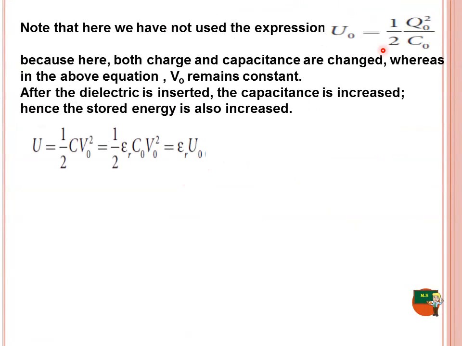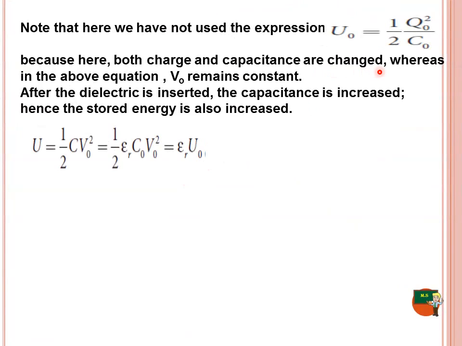We have not used this because here both the charge and the capacitance are changed. The charge has changed from Q naught to epsilon r Q naught, and the capacitance also changed from C naught to C. Whereas in the above equation, only V naught remains constant.